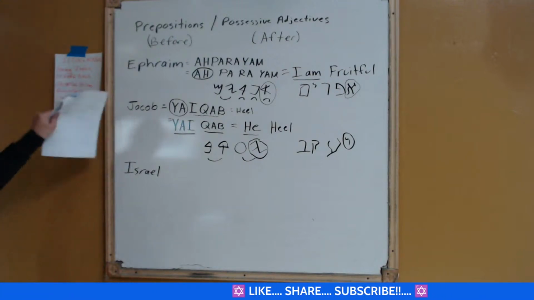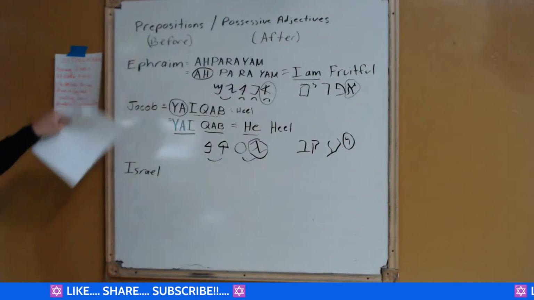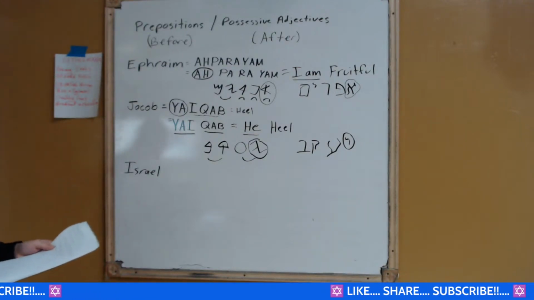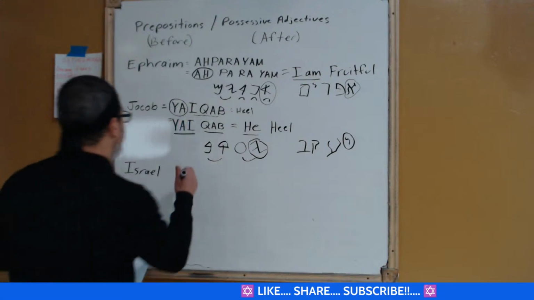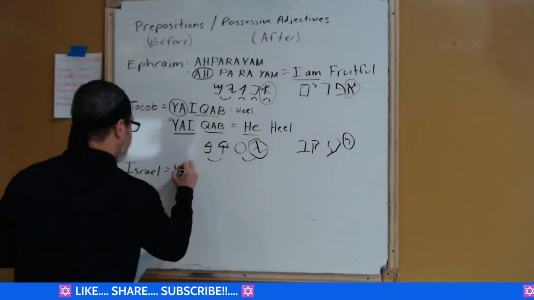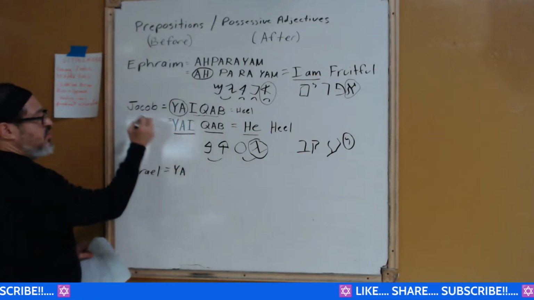Actually, this is another preposition I'm going to show you first. I wanted to give you a couple more examples. What does Israel stand for? It's equal to Yah, just like this one.